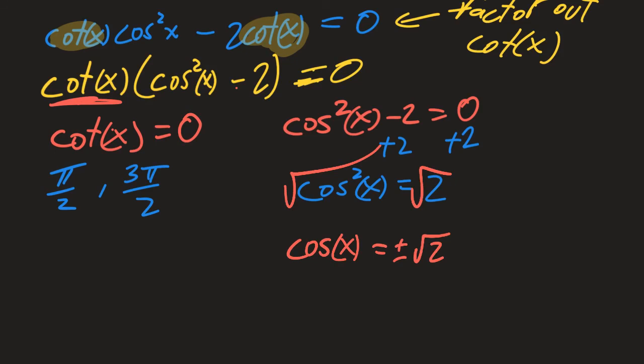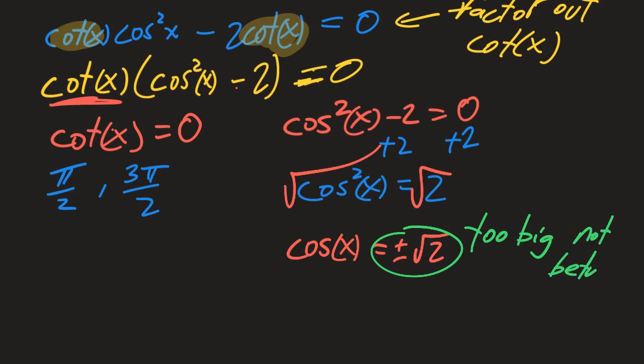Is my cosine x going to be equal to plus or minus the square root of 2? Is that possible? No, that one doesn't give me any solutions. This number is too big, and it's not in the range for cosine because it is not between -1 and 1.